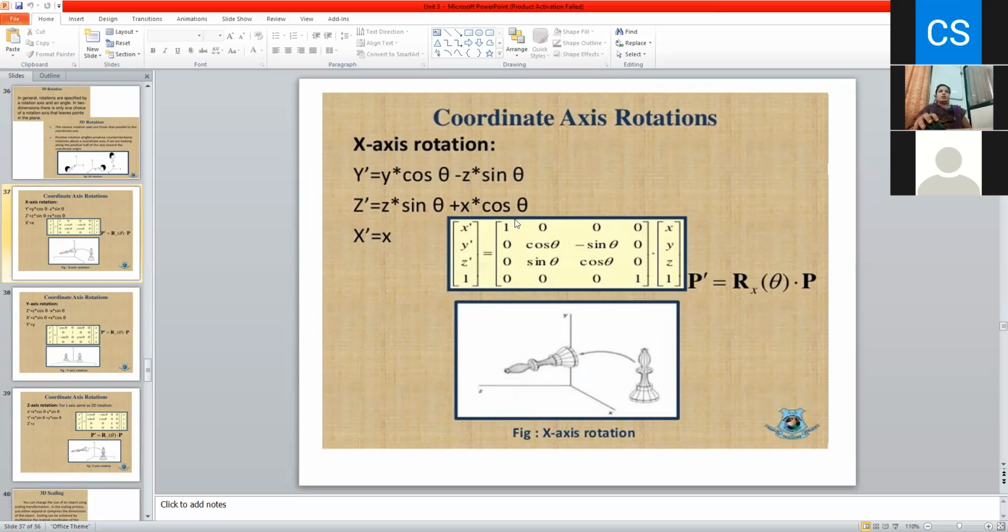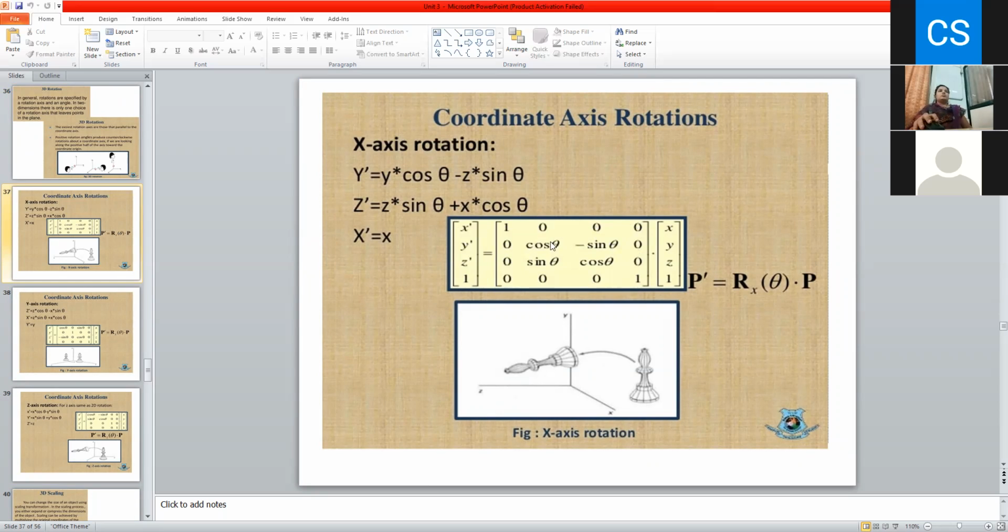X is getting multiplied by 1 so as to get x dash, and no further addition is required, and that's why the remaining 3 elements in the column as well as the row are 0. Then these 3 elements are already 0. This is 1. These 3 are also 0 because translation is not required here.